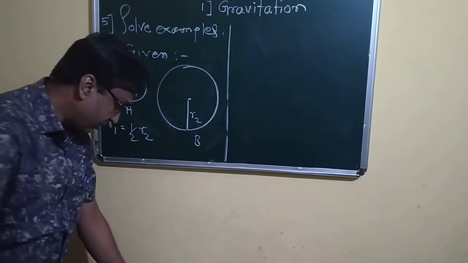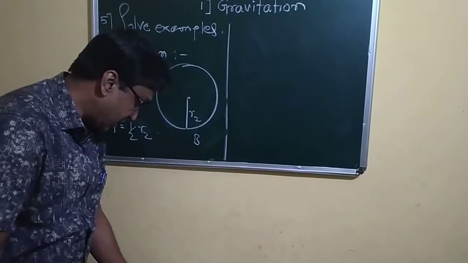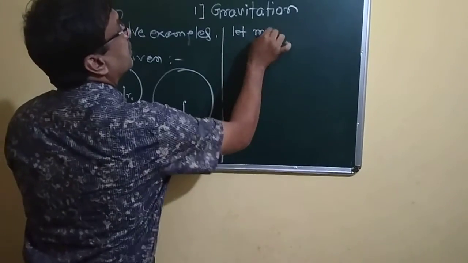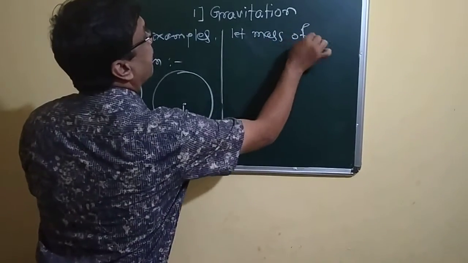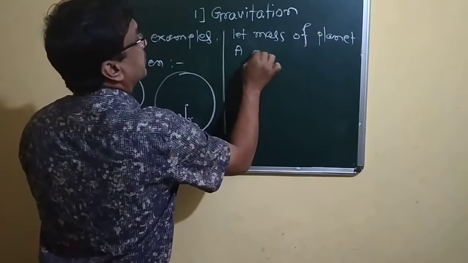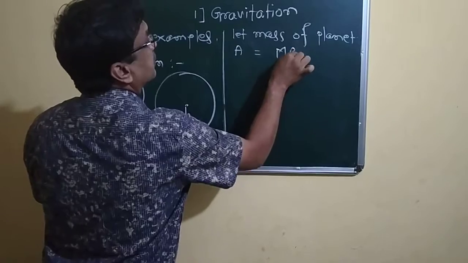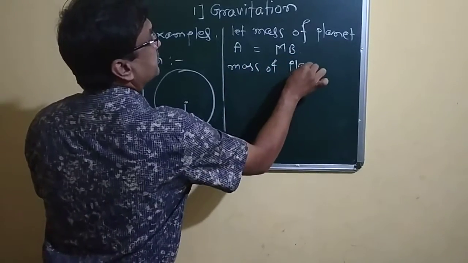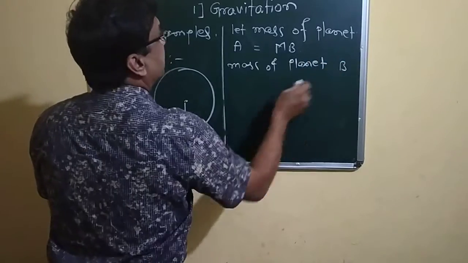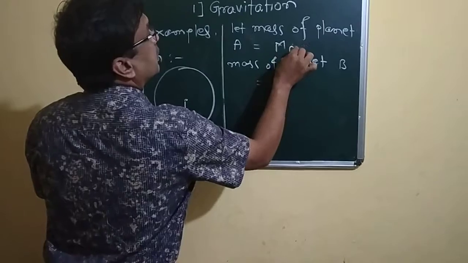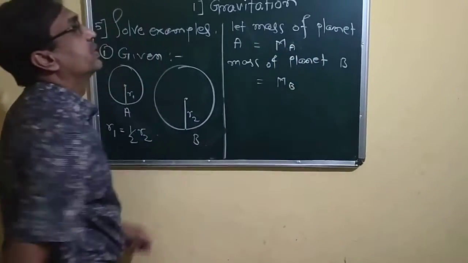Let the mass of planet A be ma, and the mass of planet B be mb.